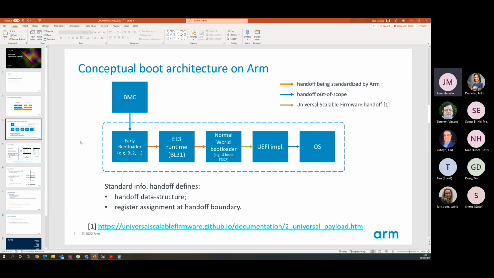From a high level, it's the pattern that is deployed on most of the ARM platforms, but by all means, different ARM vendors can adopt slightly different or even entirely different boot flows. But from a very high level, you generally have a board controller, and that's where the boot flow starts from. The board controller here, denoted as the BMC, is the entity that first releases the host, which is here encircled by the dotted line.